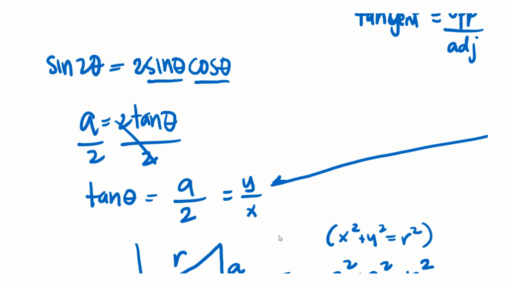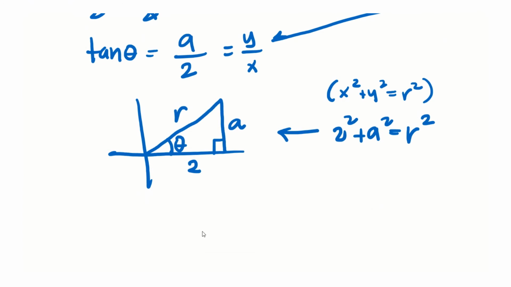Okay, so take note, we need expressions for these two trigonometric functions, sine theta. From the information here, remember, sine theta is y over r. This is our y, this is our x, so that means it is y, our a, divided by the r.